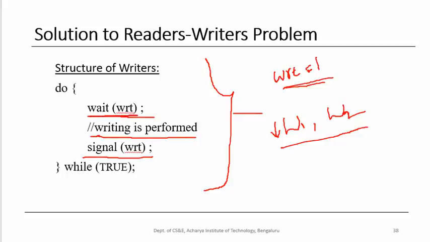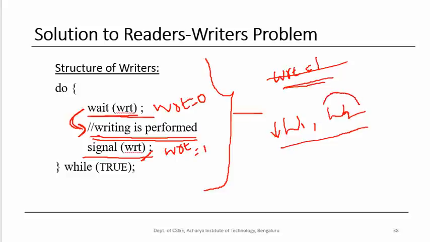So the wait on this semaphore will decrement the value of WRT and make WRT equal to 0, and will not make the writer process wait. Instead it allows the writer to perform the writing operation. Once the operation is performed, it will signal on WRT, which increments the value of WRT, and WRT becomes 1.